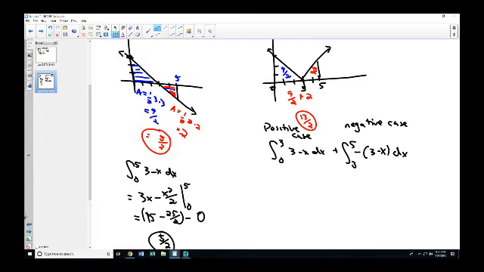Do I need to finish that? Yes, please. 3x minus x squared over 2 from 0 to 3 plus, you can rewrite that if you would like as negative 3x plus x squared over 2 from 3 to 5.